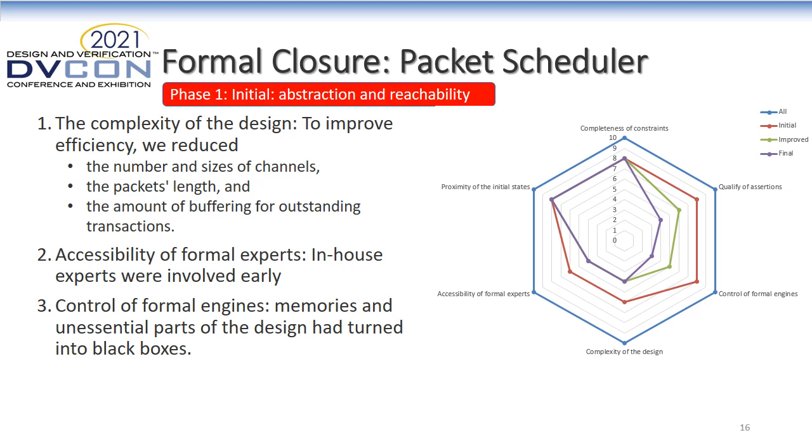Also, in the original design, the packet size could be very long. We want to set up the design so that we can use short, small packets. And in the original setup, the design allows a large amount of buffering for outstanding transactions. We also want to optimize this into a small buffering scheme.